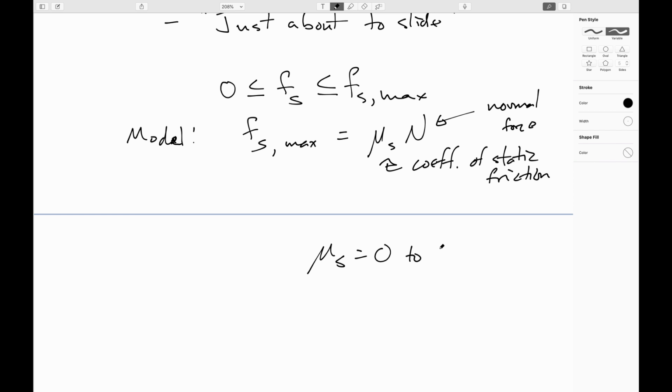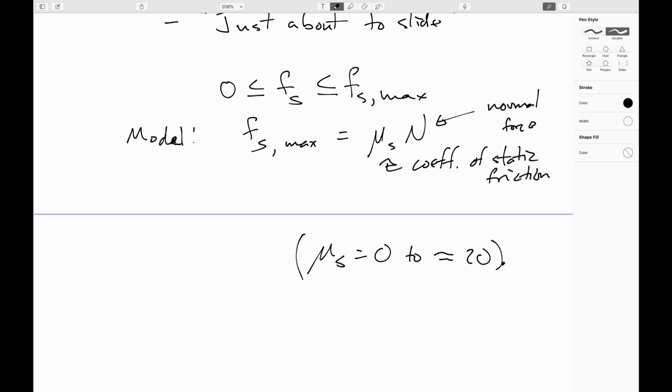But with really weird things, it can run as high as 20 in the case of specialty racing tire compounds and stuff like that.